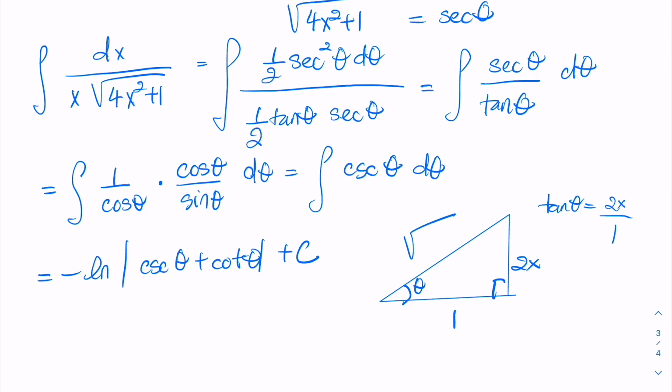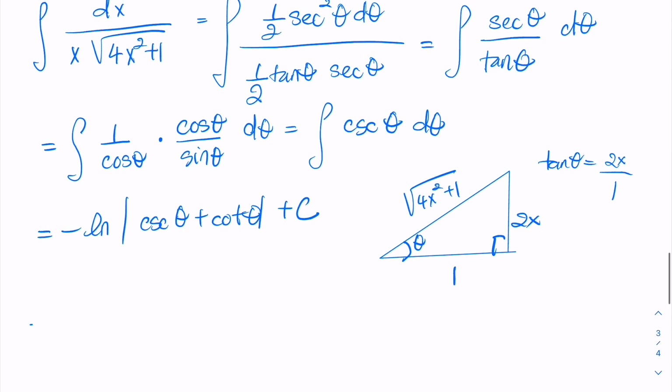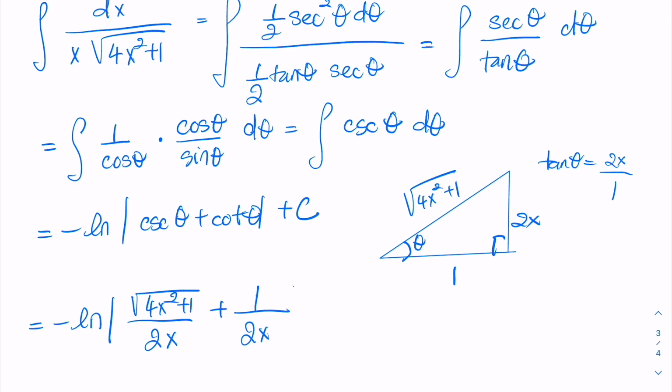So this one right here is going to be square root of 4x squared plus 1, the hypotenuse. So what I have is negative ln cosecant, which is the hypotenuse over opposite. Cotangent is adjacent over opposite, plus C.